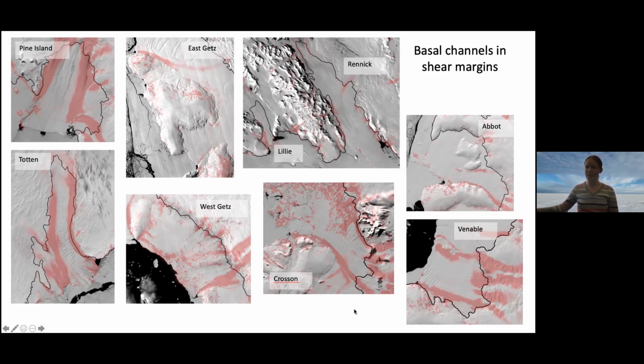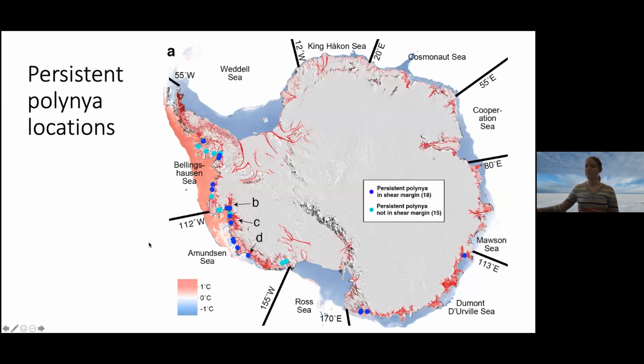We mapped all the persistent polynyas that we can find using the MODIS Ice Shelf Image Archive. So this is all the ones that we found that persisted in the same location. I think we said 3 or more years was the criteria that we used. So there might be more that we just haven't had enough fast ice to be able to see.